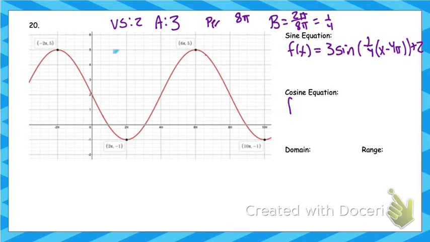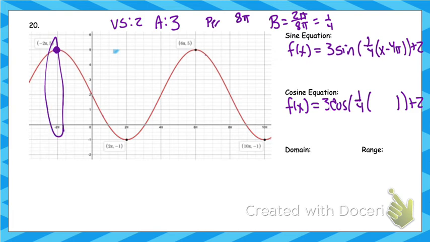All right, cosine. So for a cosine graph, everything is the same except for the phase shift and the word sine. I should change that as well. All right, so again, we're looking for cosine. Our phase shift is the x-coordinate of a high point. So there's one possible answer.